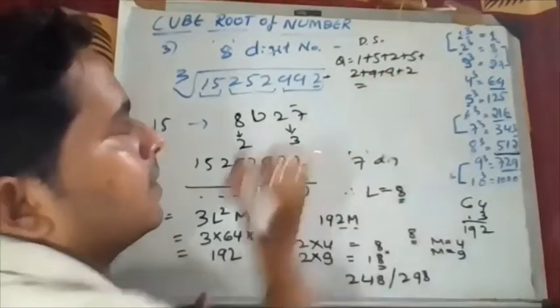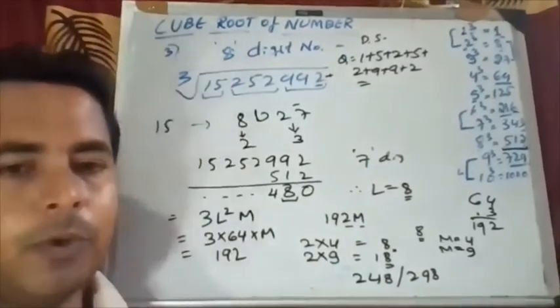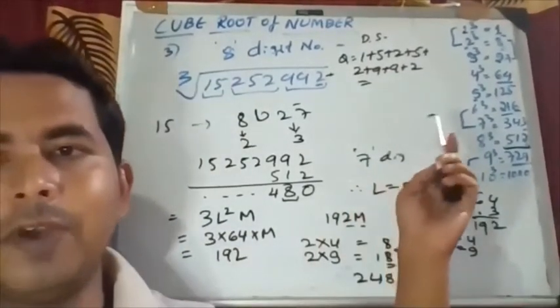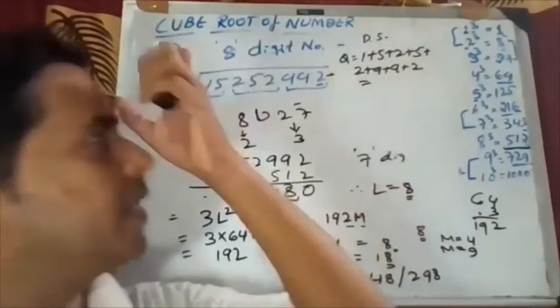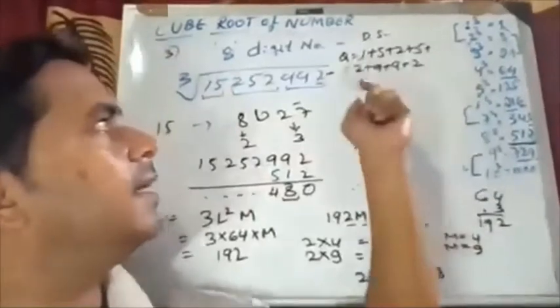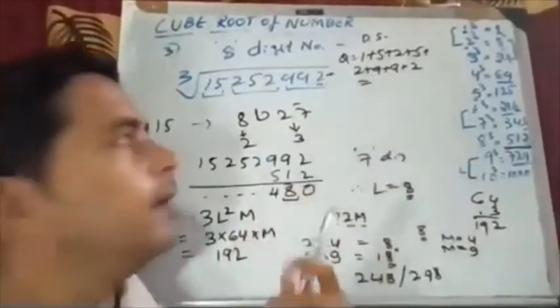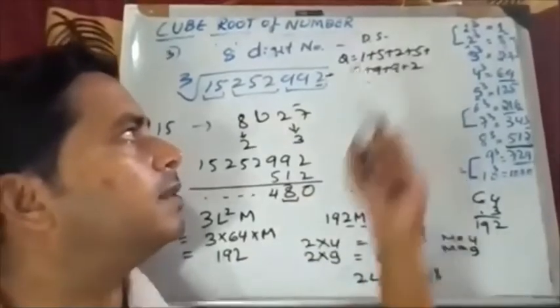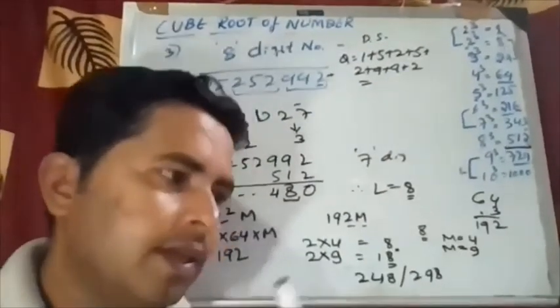If you add all these numbers, हमको कितना मिलेगा? 1 plus 5 is 6, 6 plus 2 is 8, 8 plus 5 is 13, 13 plus 2 is 15, 15 plus 9 is 24, 24 plus 9 is 33, 33 plus 2 is कितना आ गया?